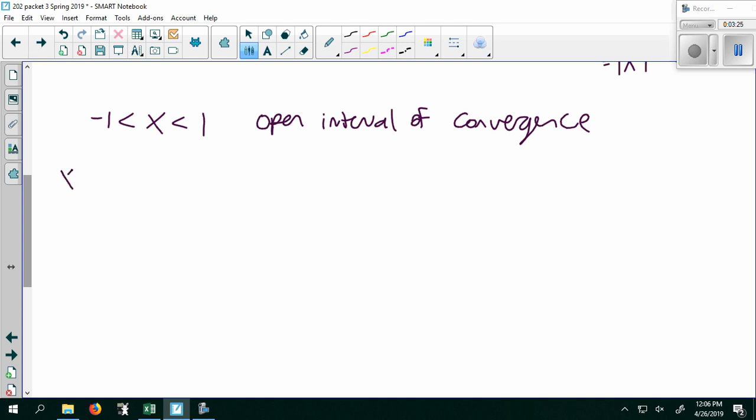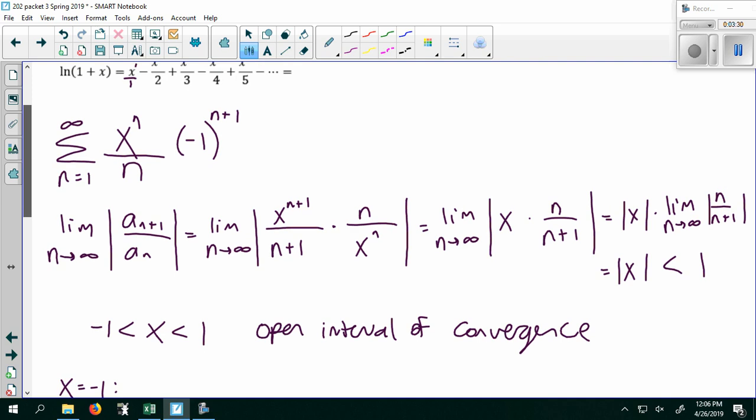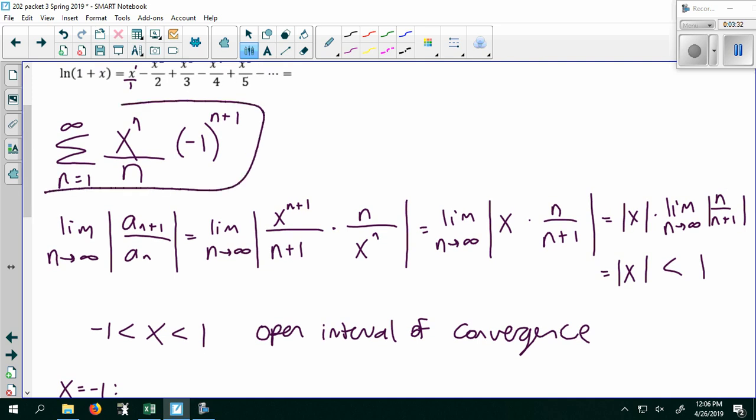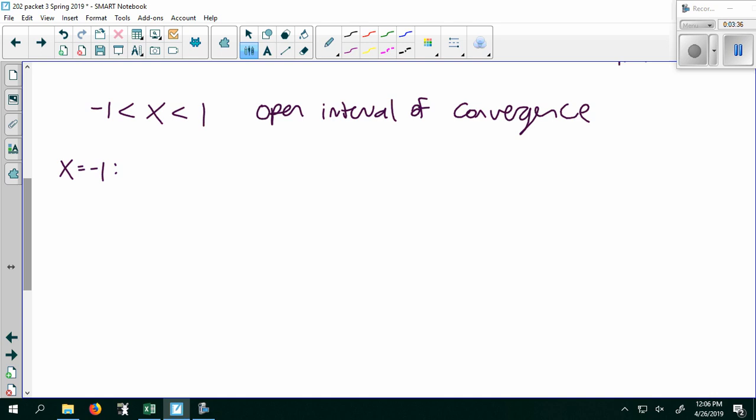So let's test x equals -1. I'm going back to my closed form here. I'm going to replace x with a -1. So I have the sum of -1 to the n over n times -1 to the n plus 1.